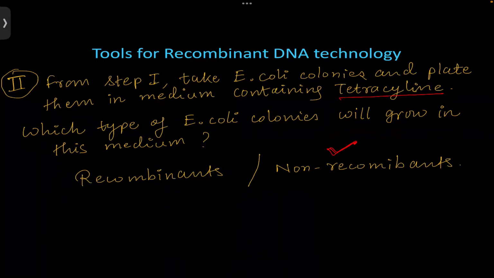Remember, I told you just a few minutes back. So in the recombinants, there is insertional inactivation of the tetracycline resistance gene. That is why these recombinants will not show resistance to tetracycline. But the non-recombinants, which still have the tetracycline resistance gene intact without any interruption, will show this resistance.